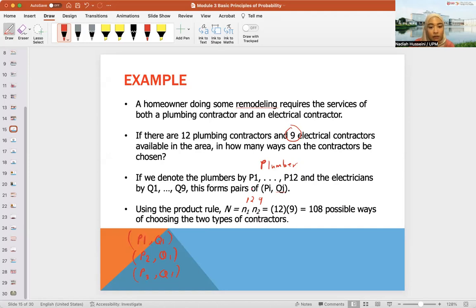Again, there are 12 ways to select plumbers and 9 ways to select electrical contractors. I don't have time to list out all of it, so I use the product rule. Now I know the total number of possible ways to choose the contractors, or events. Is that okay with everyone? Any questions about this one?